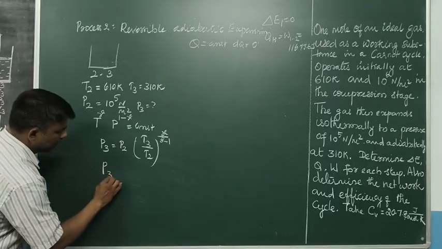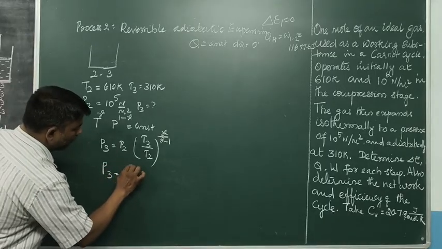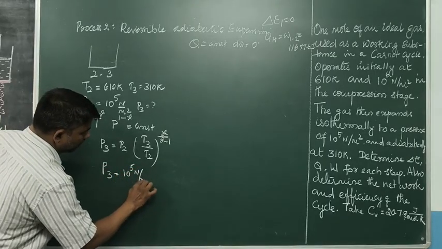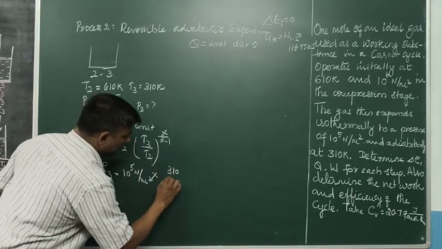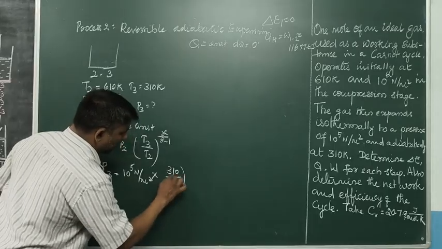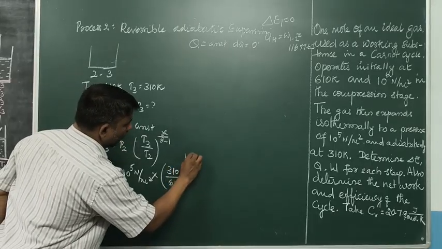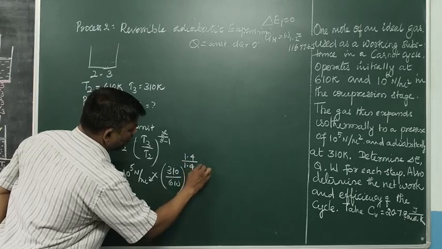So P3 is equal to P2, 10 to the power of 5 Newton per meter square, into T3 310 degree Kelvin divided by 610 degree Kelvin, to the power gamma 1.4 divided by 1.4 minus 1.